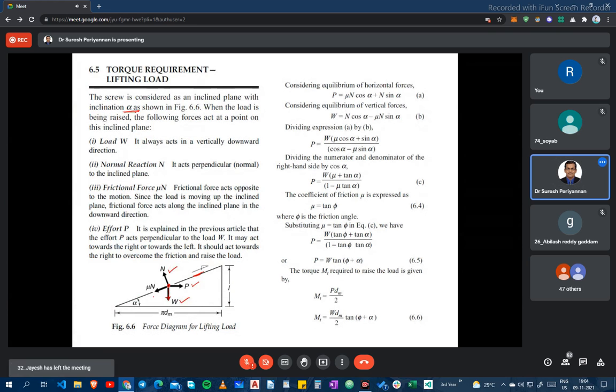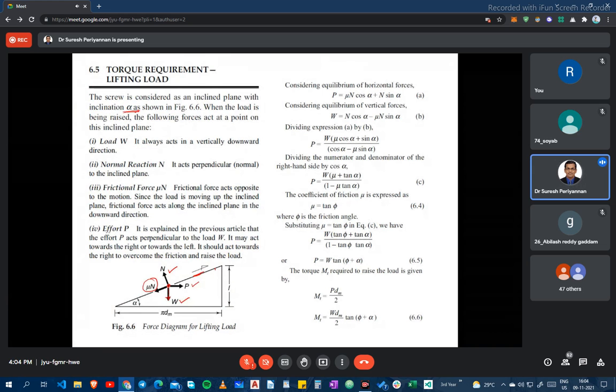Now, mu N is nothing but the frictional force. While we are lifting or raising the load, frictional force is created in this inclined plane, that is, between the screw thread and the nut thread.